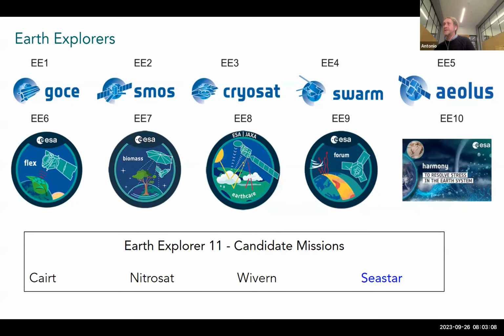The last candidate mission was Germany, that was accepted last year. And SEASTAR at this phase is a candidate mission with four others. I will not describe the others, but I will just say that this is the only ocean mission in the Earth Explorer 11 phase.